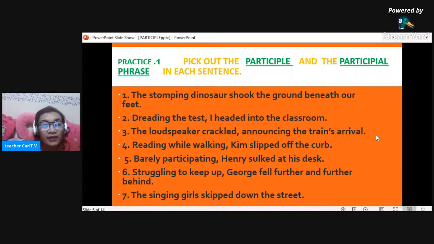Number five, barely participating, Henry sulked at his desk. So the word participating modifies Henry. Number six, struggling to keep up, George fell further and further behind. Who was struggling to keep up? It is George.